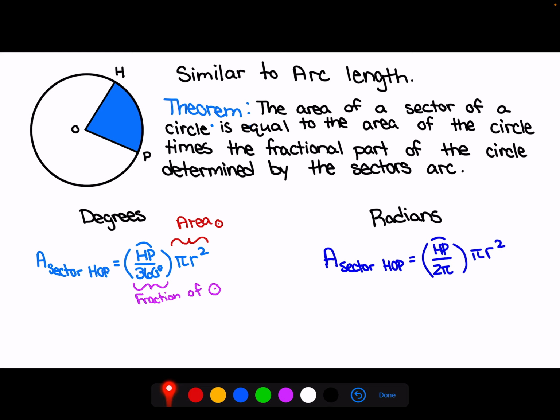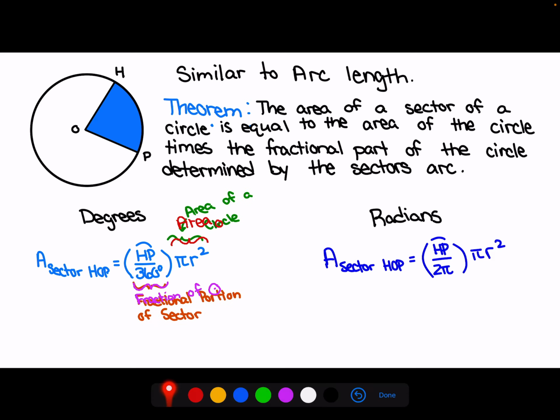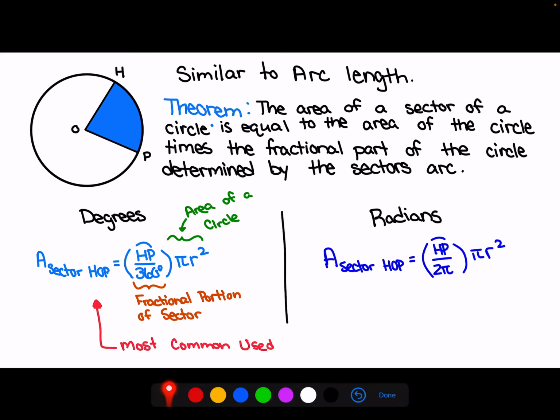It's going to show up many more times as you guys are working through your problems. And again, we have the area of a circle and the fractional portion of the sector. So let me go ahead and get rid of that. And then, as I said, this one will be the most commonly used, so make sure that you are comfortable with the degrees one. You're going to see that much more often than the radian one.